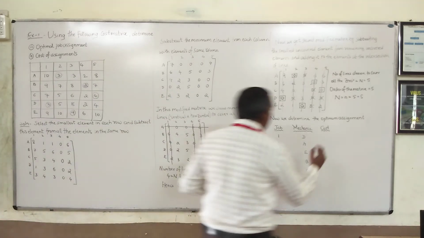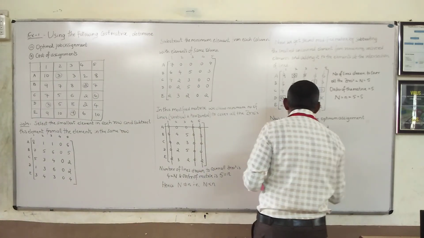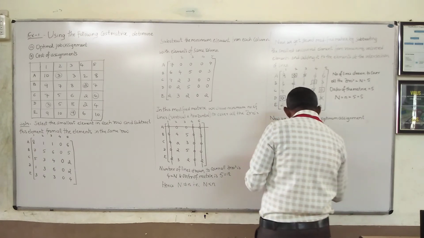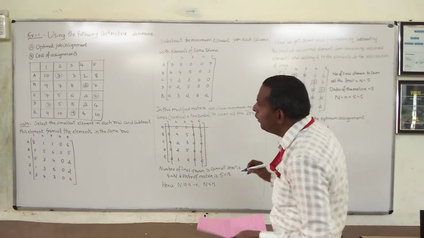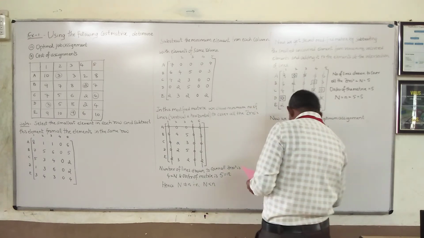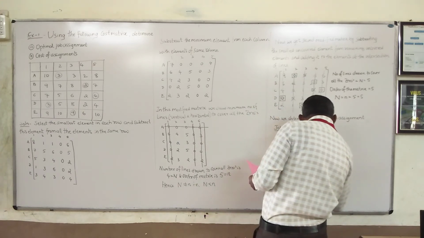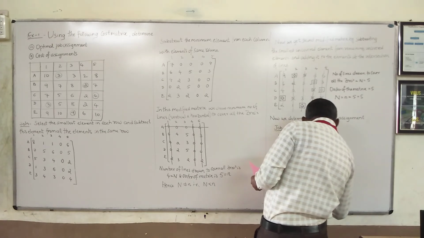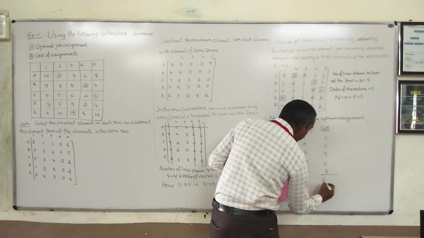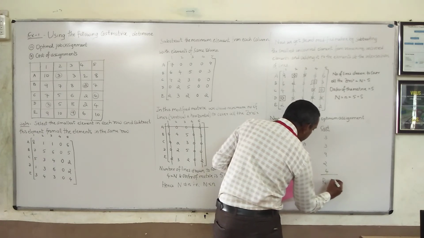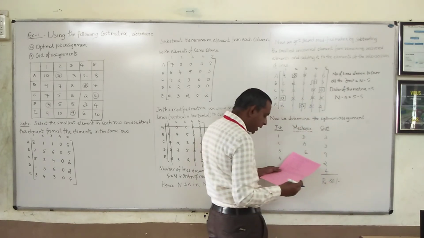Let me write the original cost. It is 3, followed by 3, followed by 9, then followed by 2, then followed by 4. So the addition of all these things is rupees 21.